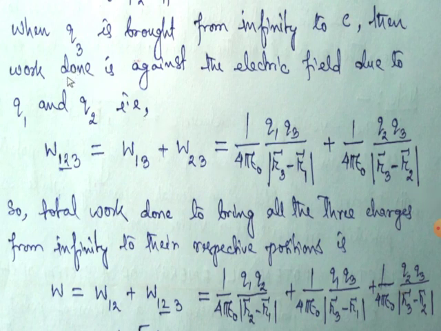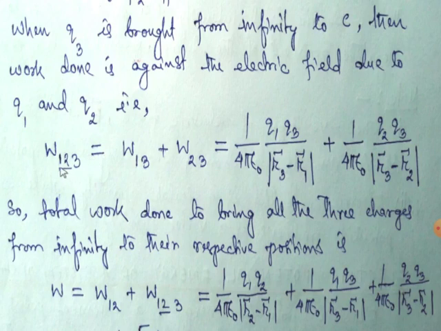Now when Q3 is brought from infinity to C, of position vector R3, the work done is against the electric field due to Q1 and Q2. So there are two external fields, we can say, when you try to bring Q3 up to that position C. One external field is due to Q1, and the second is due to Q2.